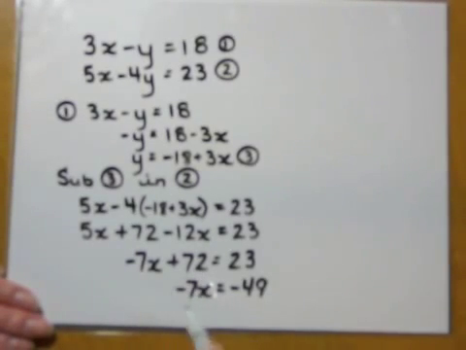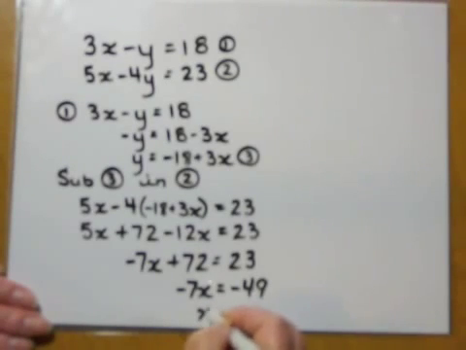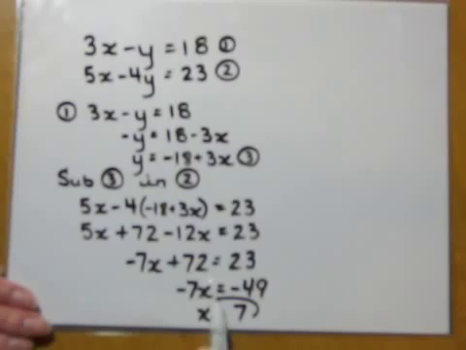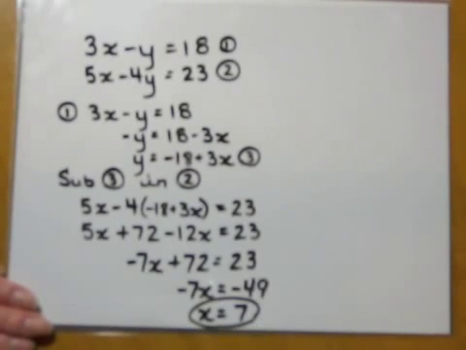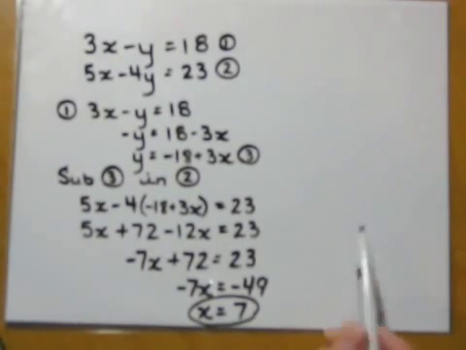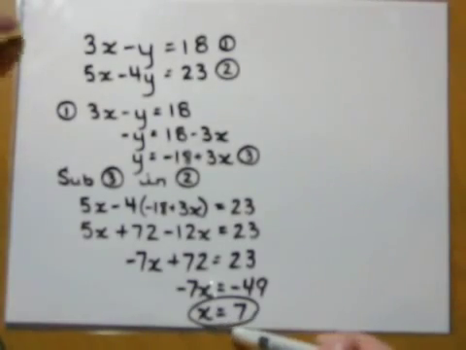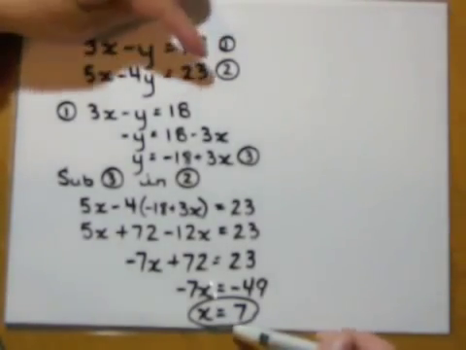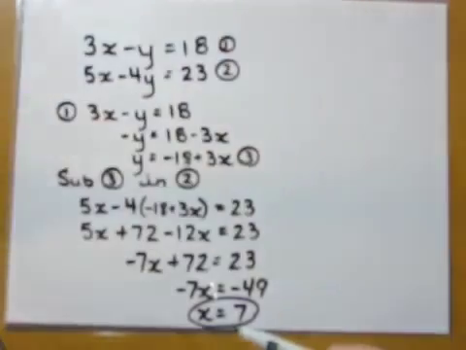And now to get rid of this negative 7x, I'm going to divide both sides by negative 7, which gives me x equals positive 7. So I have one of my variables solved for. Now to solve for the other variable, the y, I can sub this x equals 7 back into equation 1, equation 2, or equation 3.